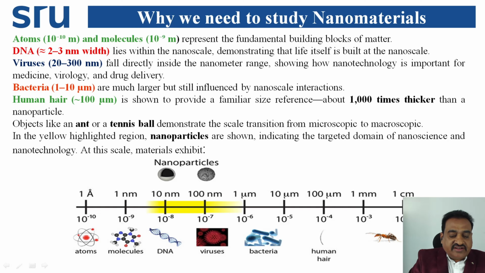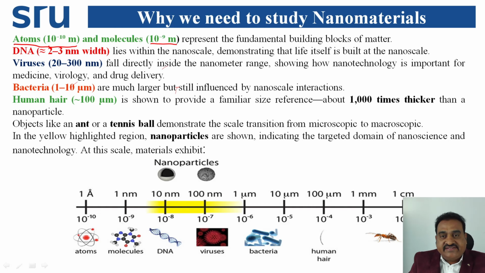You can see here clearly, try to understand. So, atoms. The atom's particle size is nearly 10 to the power minus 10 meters. Molecules, 1 nanometer, that is 10 to the power minus 9 meters.